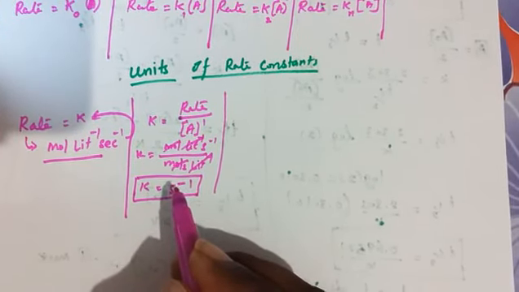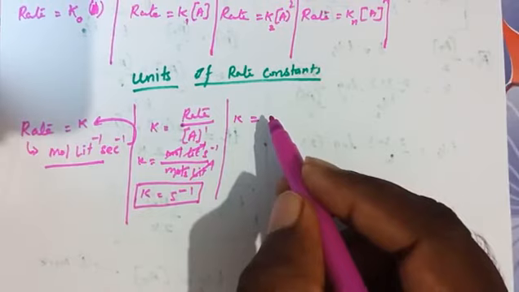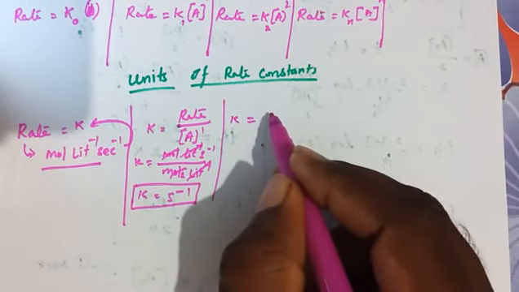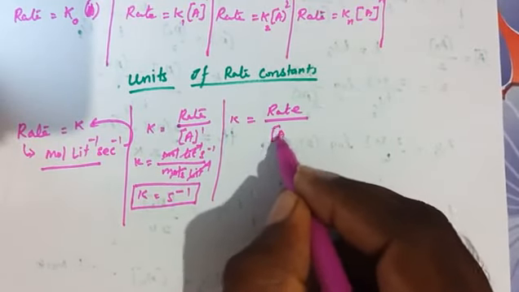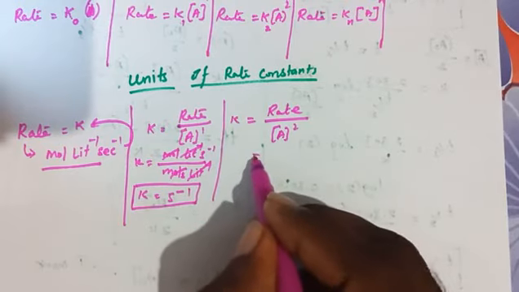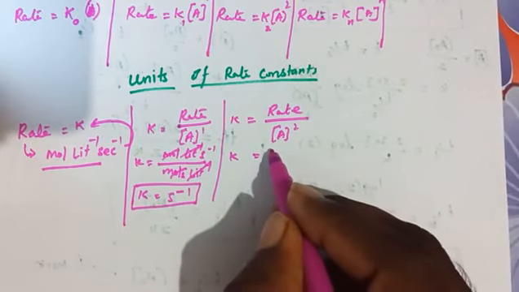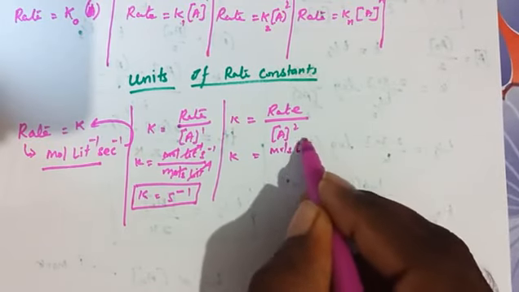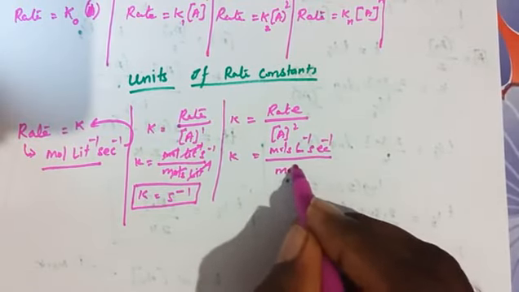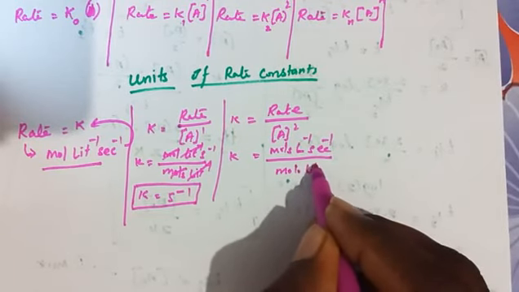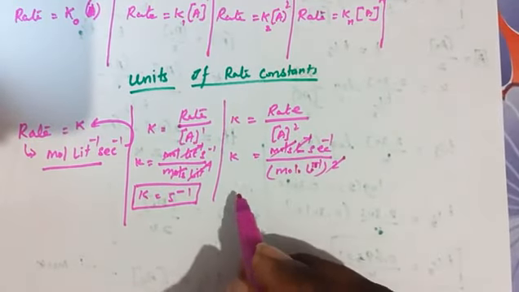In a similar way, for a second order reaction, K is equal to rate divided by concentration A square. Substituting the unit values of these separate terms, rate in moles liter inverse second inverse divided by mole liter inverse the whole square, the numerator term will be cancelled.